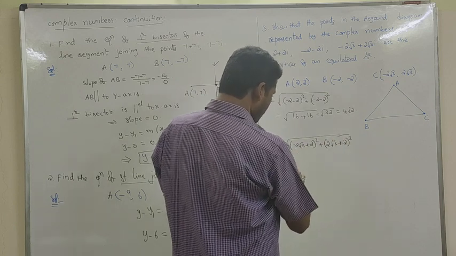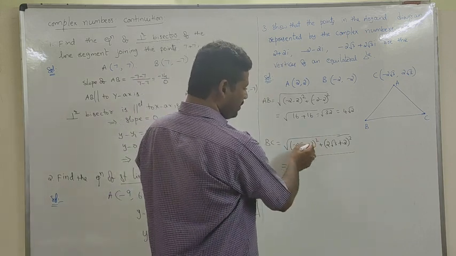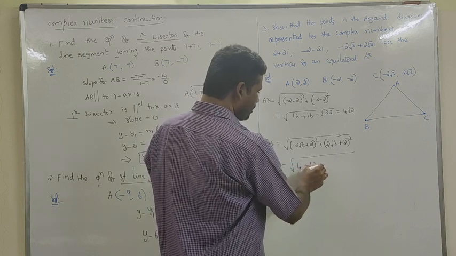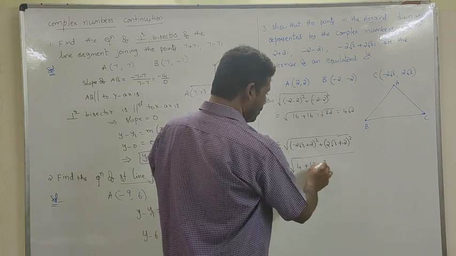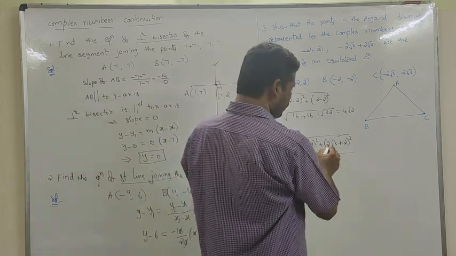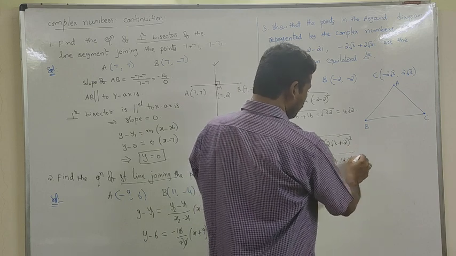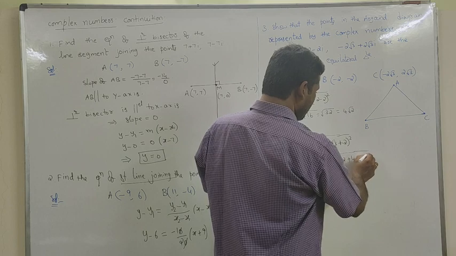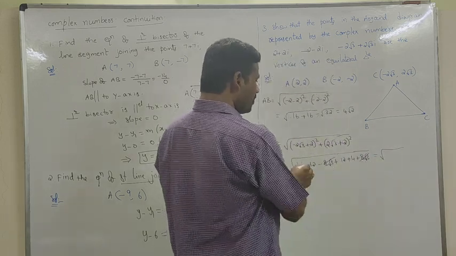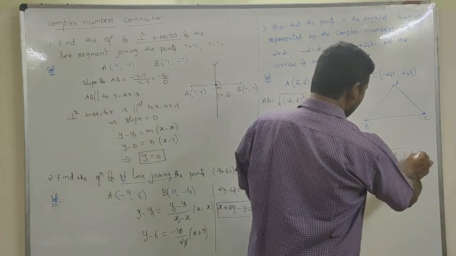That equals square root of a minus b whole square, a square plus b square minus 2ab: 4 into 2, 8, minus 8 root 3, plus a square, 2 root 3 whole square, 12, plus b square 4 plus 8 root 3. The 8 root 3 cancels, that equals square root of 16 plus 16, 32, again that is 4 root 2.